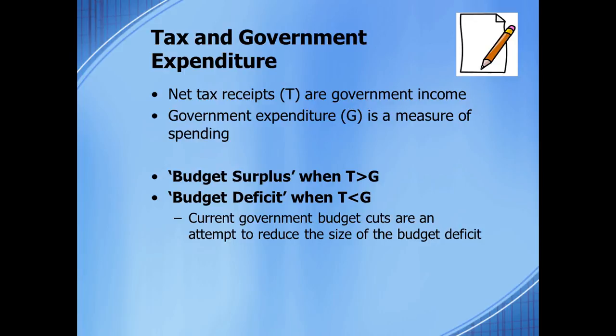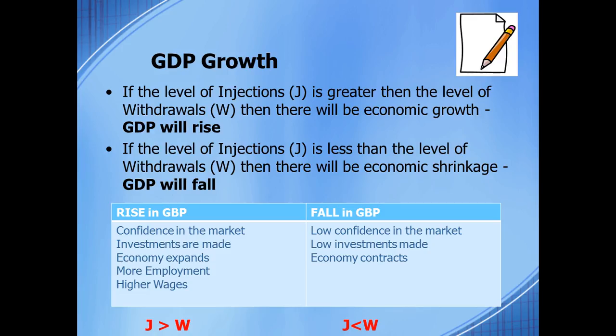If we think about the GDP, the gross domestic product, and the level of injections, J, is greater than the level of withdrawals, then we get economic growth and GDP rises. But if the level of injections is less than the level of withdrawals, then we get economic shrinkage and GDP will fall.